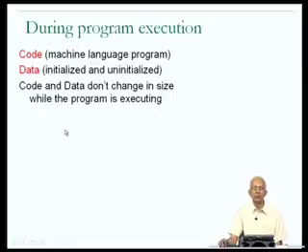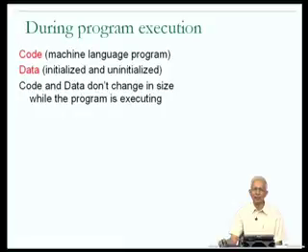Okay. So both code and data don't change in size when the program is executing. Remember that the data is the statically allocated data of my program. As we have just learned, in addition to the code and the data, as my program executes, there are going to be certain pieces of data which are heap allocated and other pieces of data which are stack allocated.